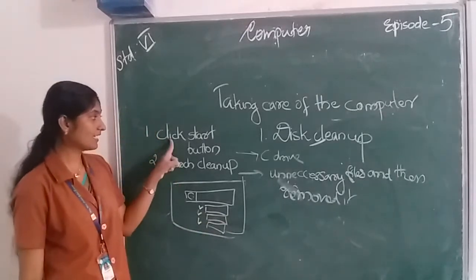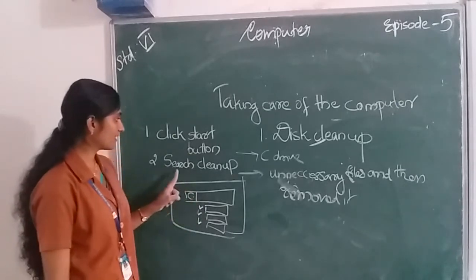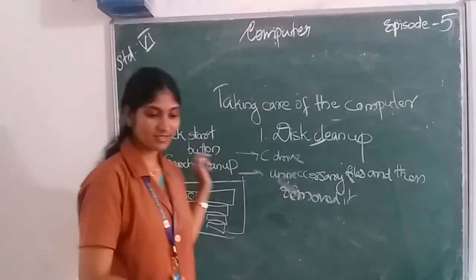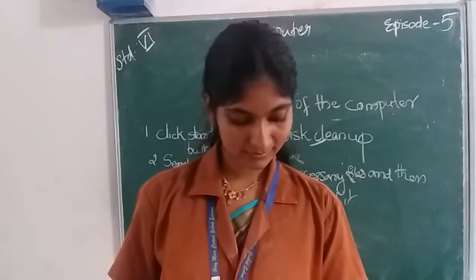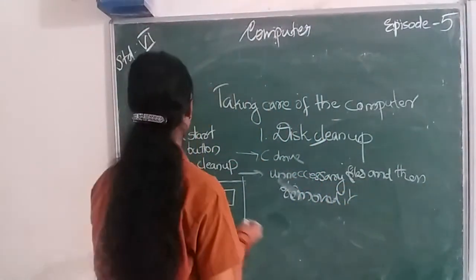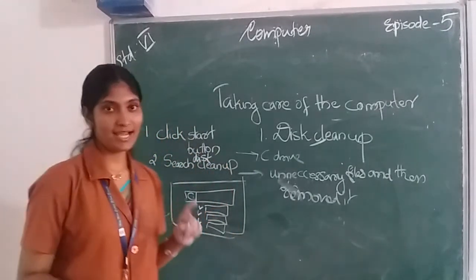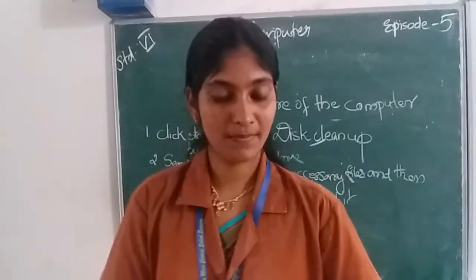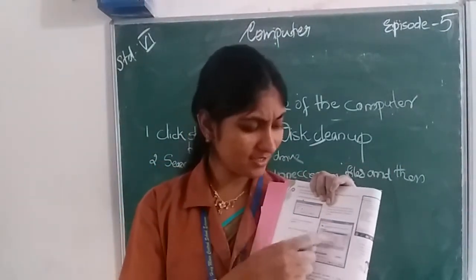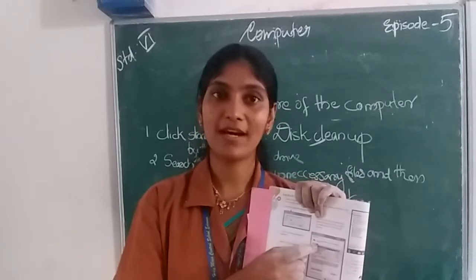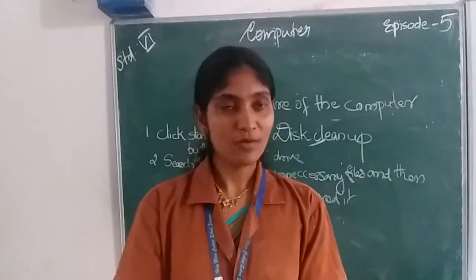So first click the start button, then type disk cleanup, and then a dialog box appears. Look at the picture. In this dialog box, select the drive and then select the files you want to remove. Then finally clean up the unwanted files.